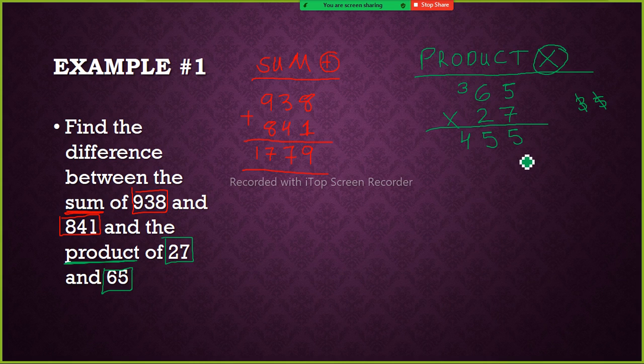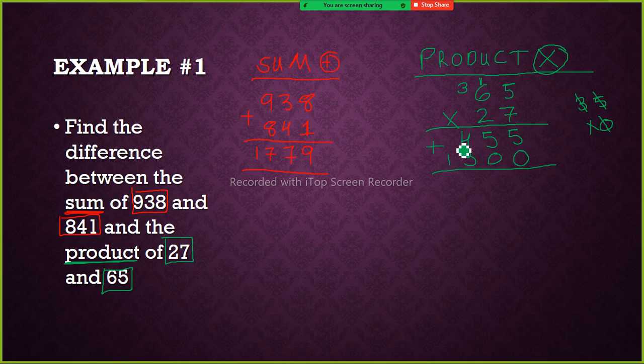Now we have to put a 0 as a placeholder. Next we have 2 times 5, that's 10, so we place 0 at the bottom and a 1 above. Then 2 times 6 is 12, plus 1 is 13. We put the entire 13 there and then we add them.